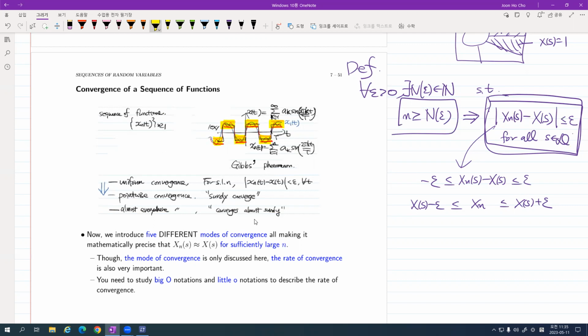Of course, in that case, your epsilon must be very small, right? And your n of epsilon could be very large. But anyway, if you can find n of epsilon for every epsilon positive such that that holds, then you may claim that x sub n is very close to x for sufficiently large n. And you name that as what?